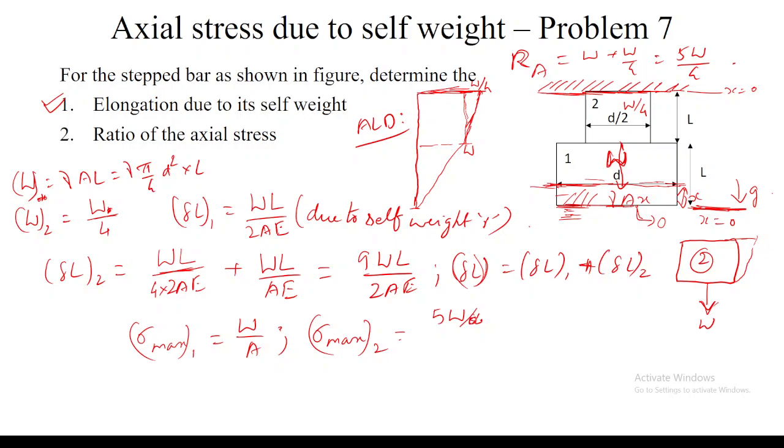And since the area is also changing, here you can write this as A by 4. If you are imagining this as A, you can write it as A by 4, which will turn out to be 20W divided by 4A.